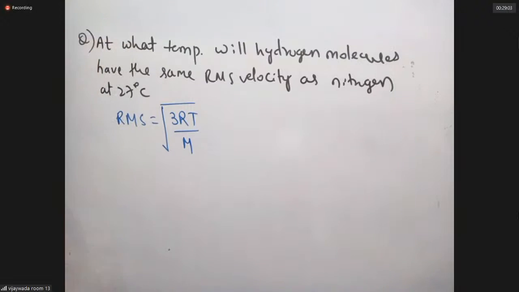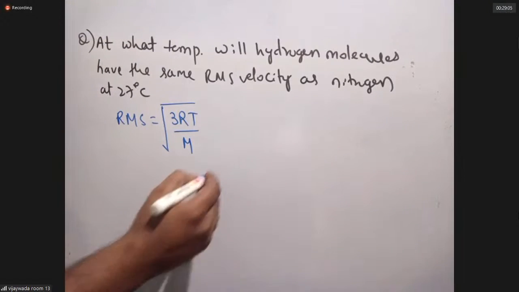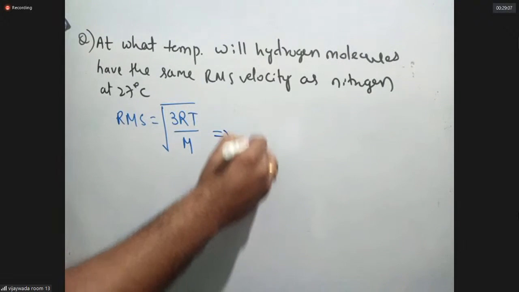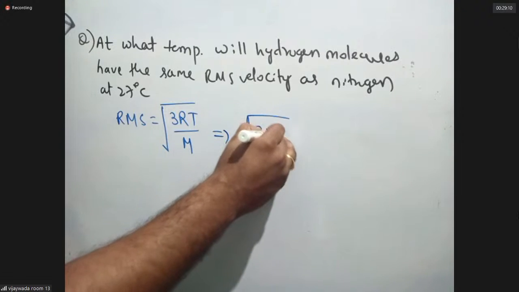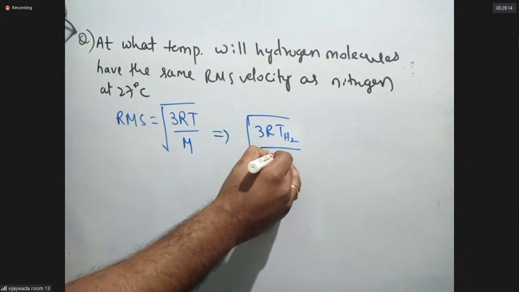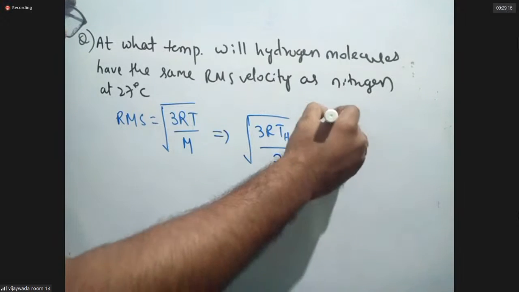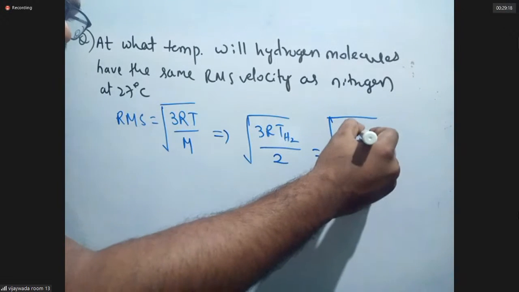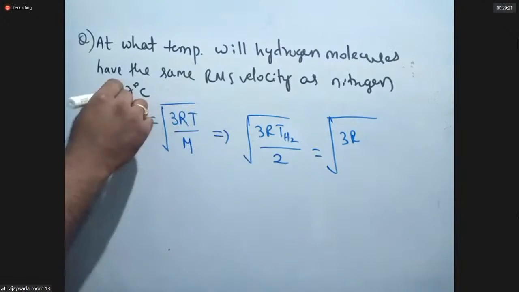What is the temperature of the hydrogen? From this, square root of 3R times temperature of hydrogen by molecular mass of hydrogen, 2, equals square root of 3R times temperature of nitrogen, 27 degrees centigrade.